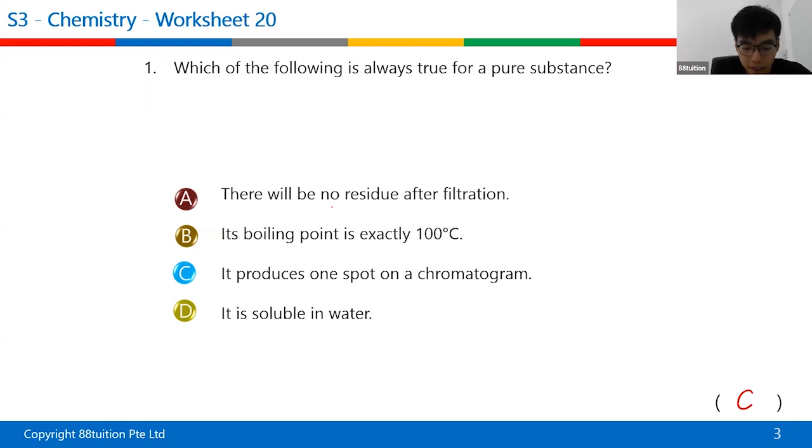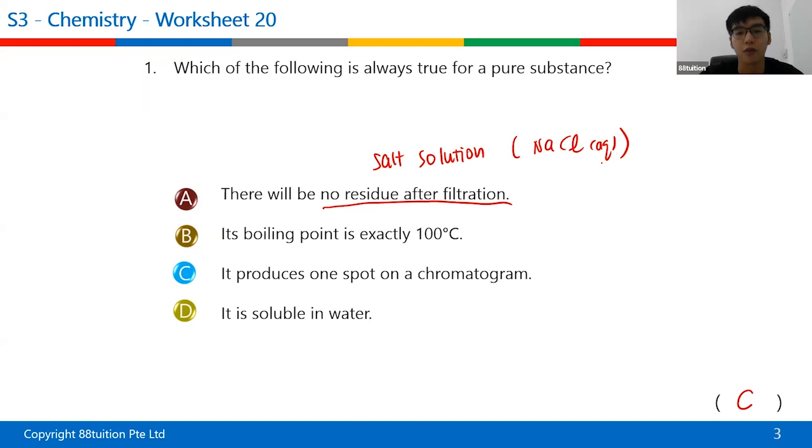Although they say there's no residue after filtration, I can think of an example where there's no residue, everything is soluble, but it's not pure. For example, salt solution, NaCl. This is salt dissolved in water. When I do filtration, nothing is left behind, but this is a mixture because it contains both NaCl as well as water. It's not pure. This will actually melt and boil over a range of temperatures.